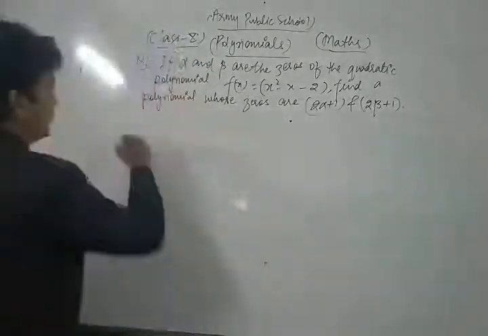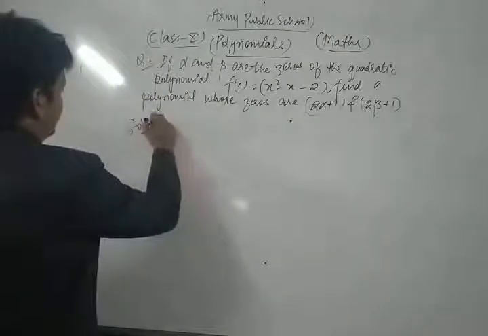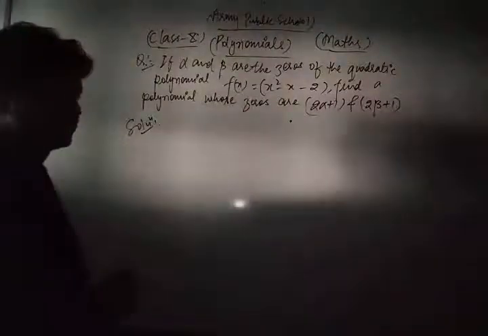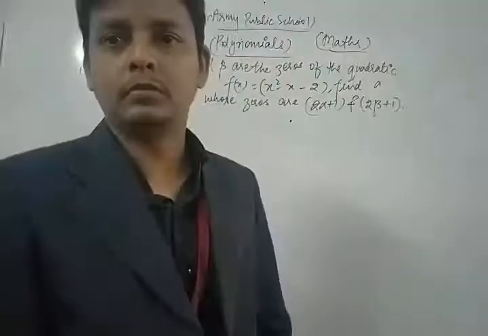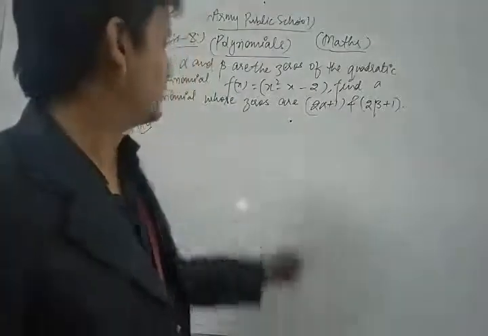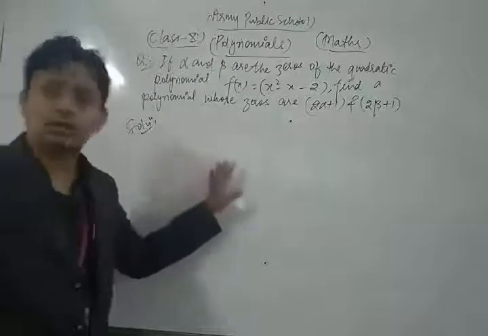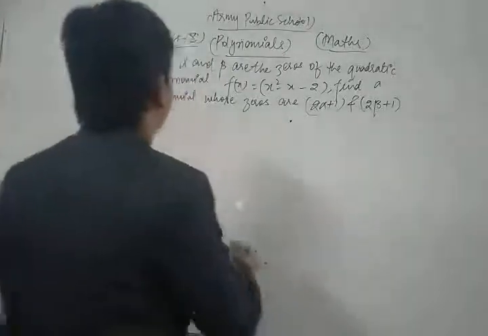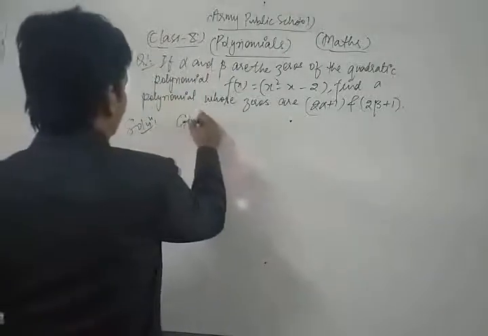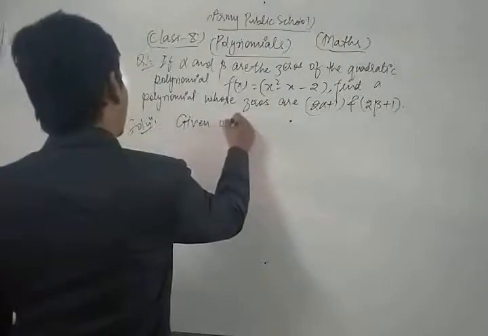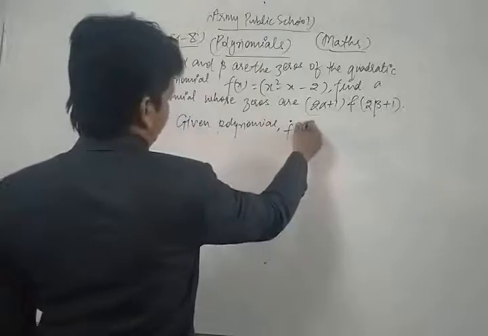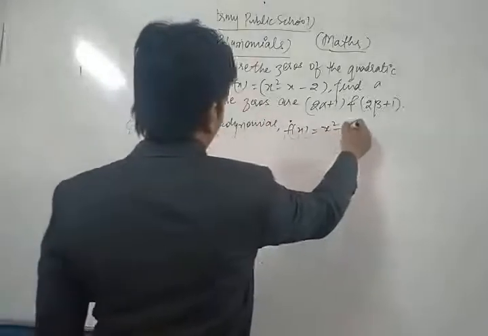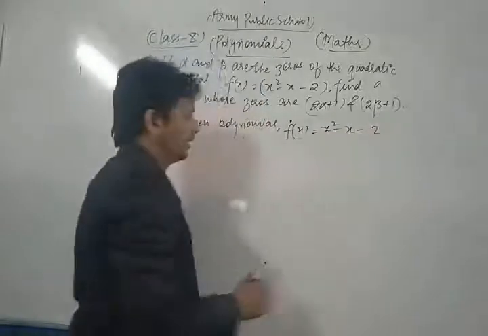Now let's see the solution. First of all, we write the given polynomial: f(x) = x square minus x minus 2.